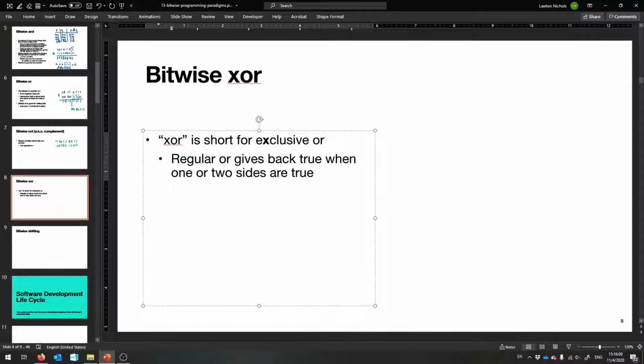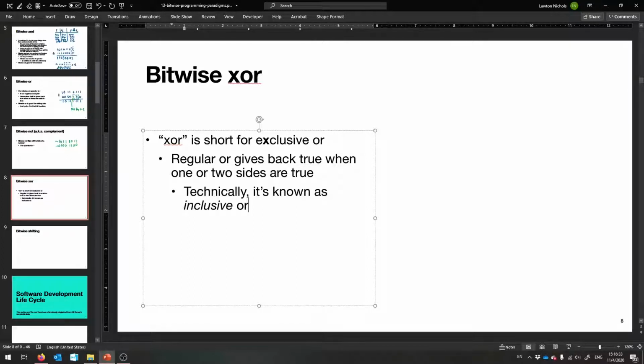So either one goes. Technically it's called inclusive OR, if you want to be pedantic. It's like everybody gets a say in whether or not this is true. I will include the case when both sides are true as well.